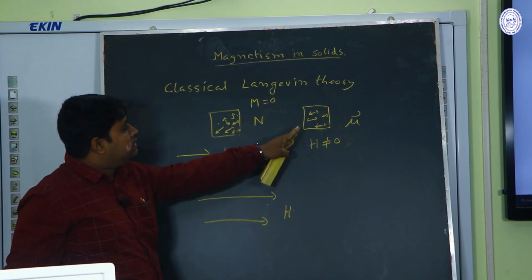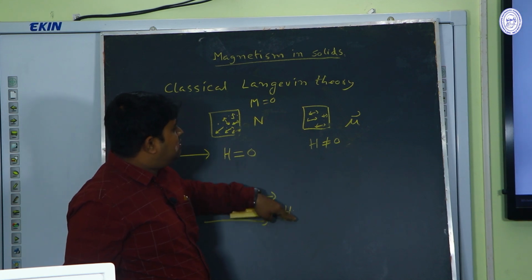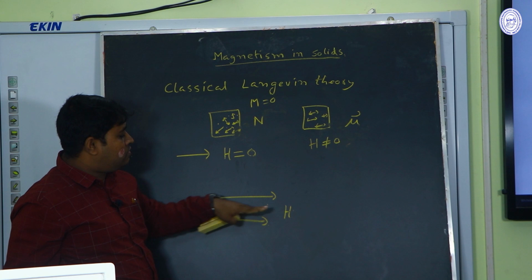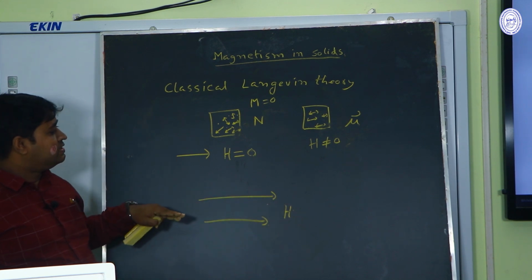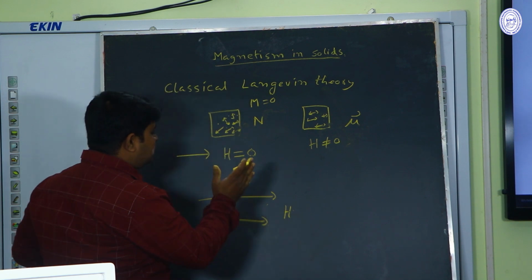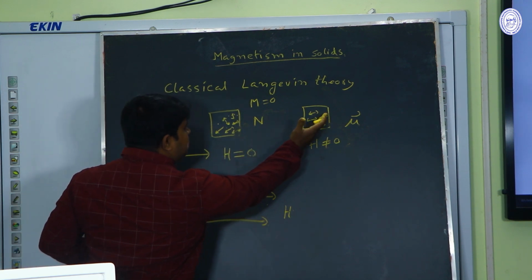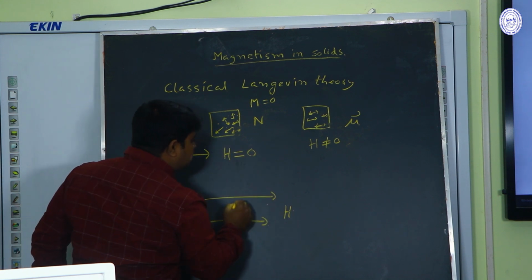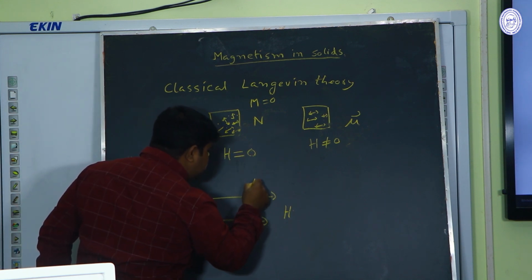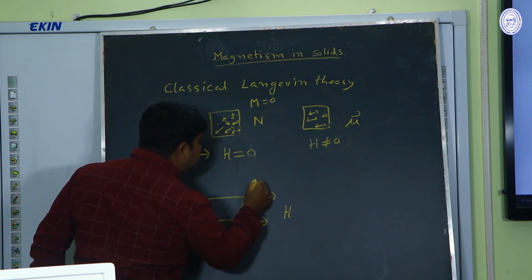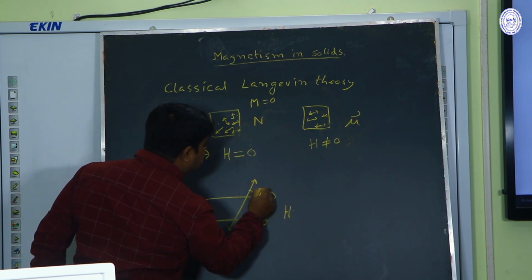But due to thermal agitation, the magnetic dipole moments disturb their orientation, and at thermal equilibrium they make an angle, suppose theta.